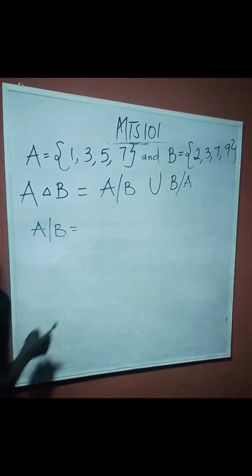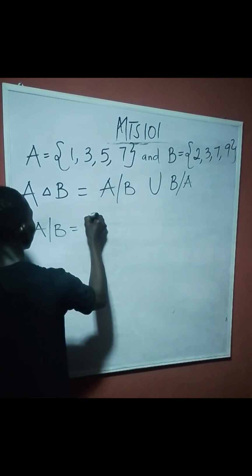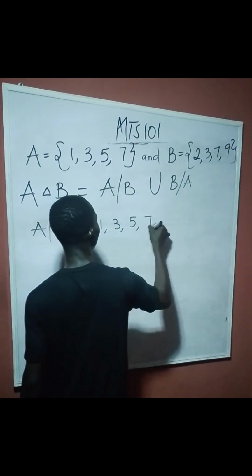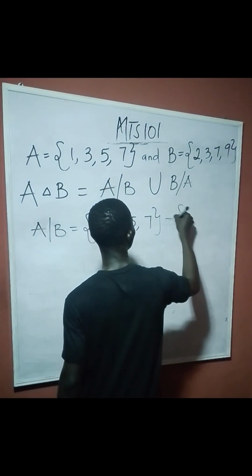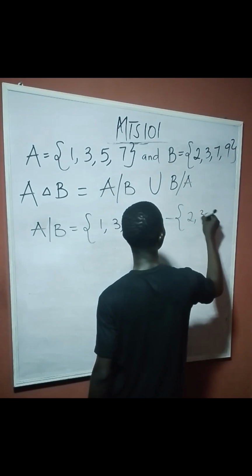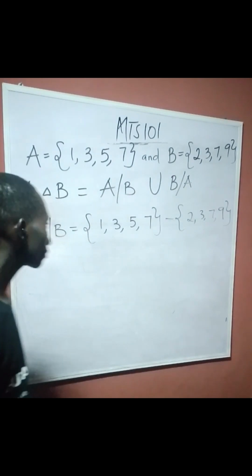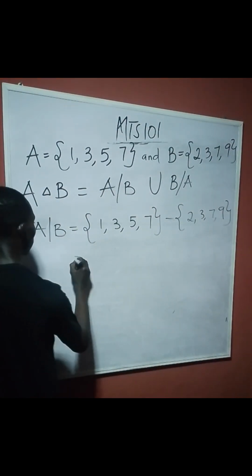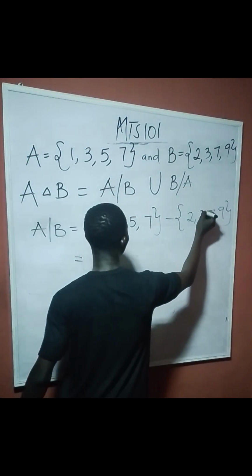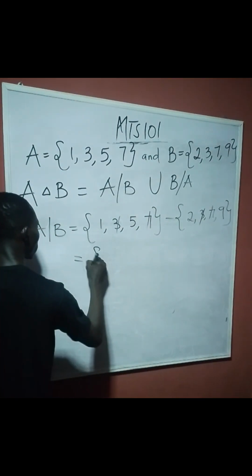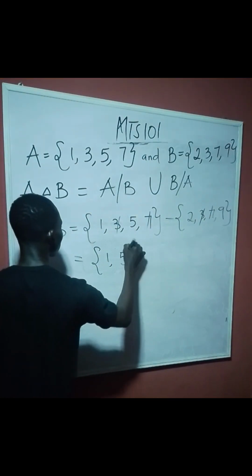Can you do that? Yes. Let's do that together. 1, 3, 5, 7 minus 2, 3, 7, 9. Now, let's take out the common elements. This is this, and this. So we have what? 1 and 5, right?